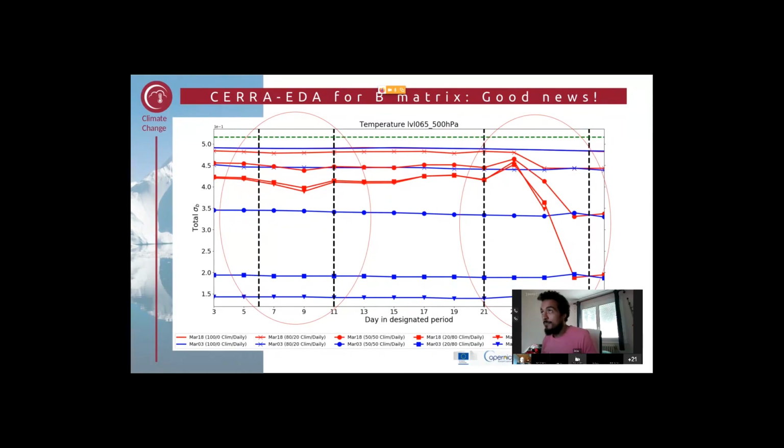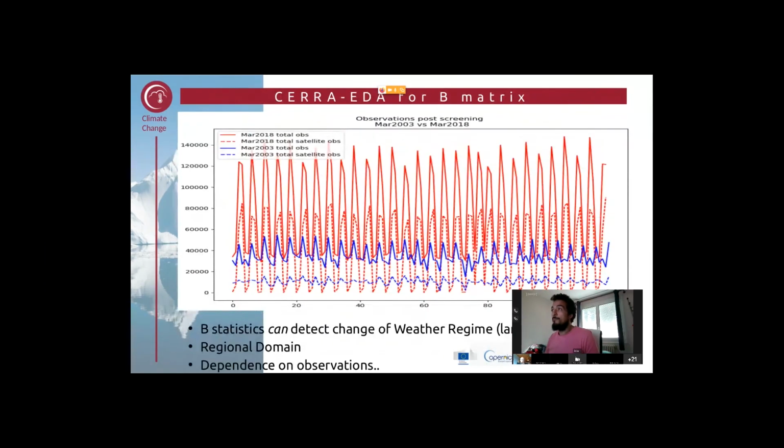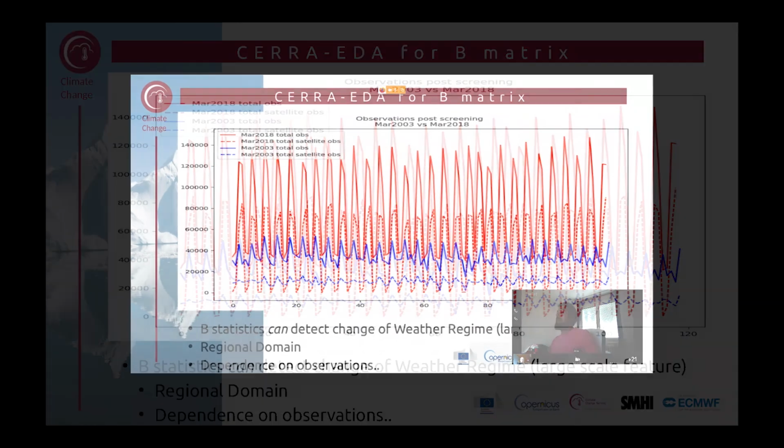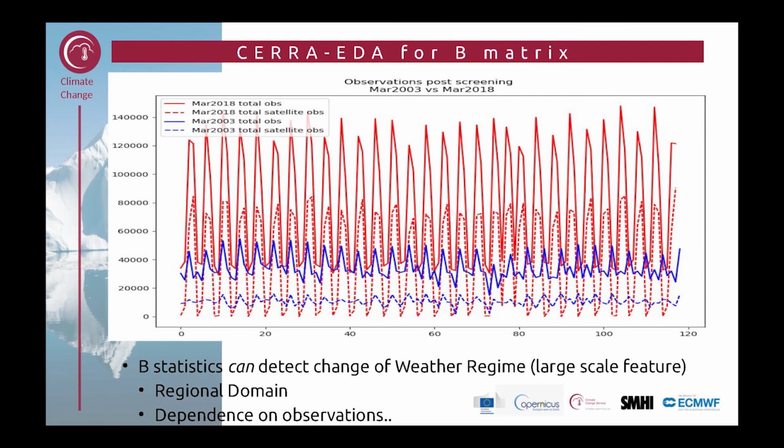However, there's a caveat, which leads me to my next plot. That variability seems to only happen when you have plenty of observations, which is why I'm showing this plot. In March 2018, we had on average around 80 to 90,000 observations in the particular period, in comparison to March 2003, which was the other case that I showed on the other plot, which had an average of around 30 to 40,000 observations.